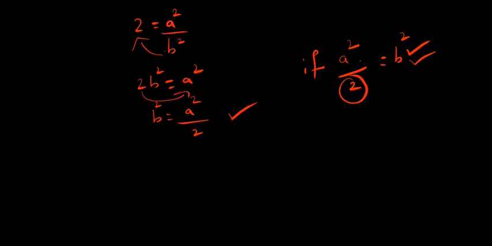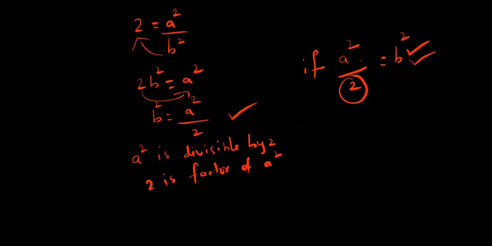That means 2 is a factor of a square. If a square is divisible by 2, that is, a square is its multiple, 2 is a factor. See here, 2 twos are 4; 4 by 2 equal to 2. Why? Because 2 is a factor of 4, 4 is a multiple of 2, that's why it is divisible. So 2 is a factor of a square.